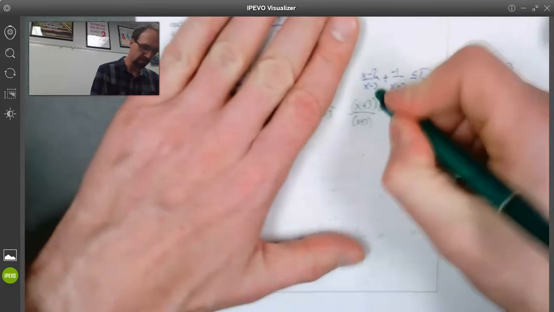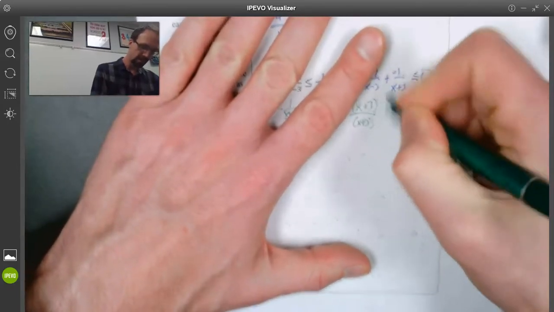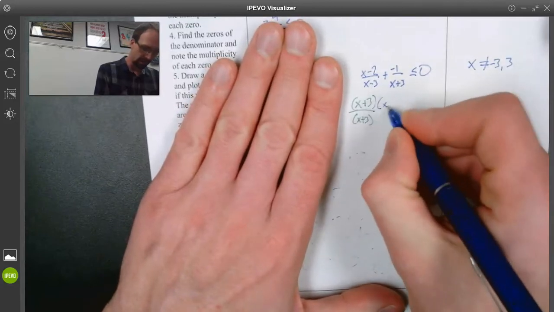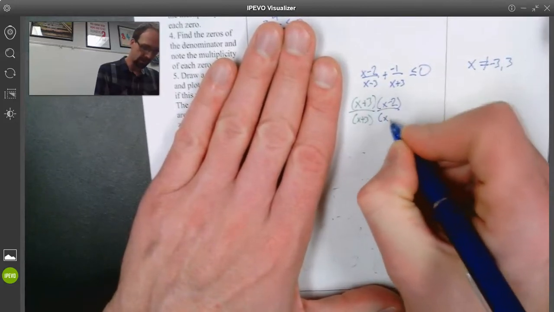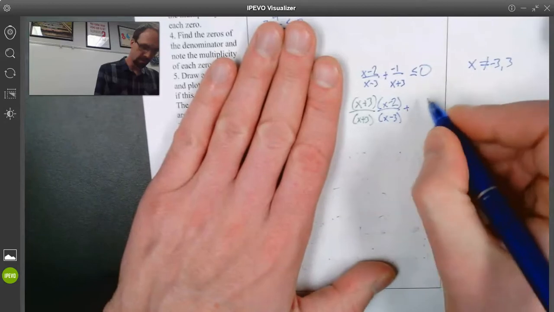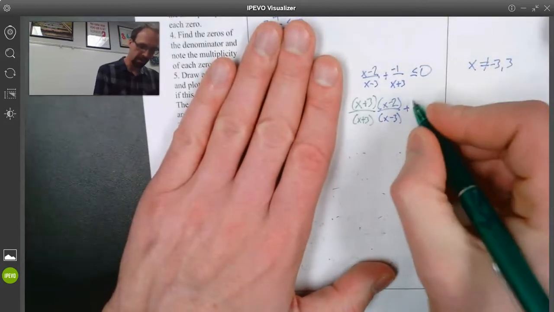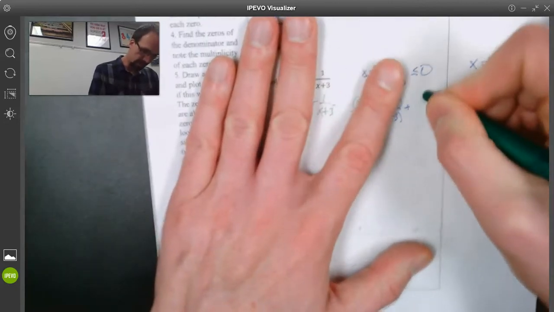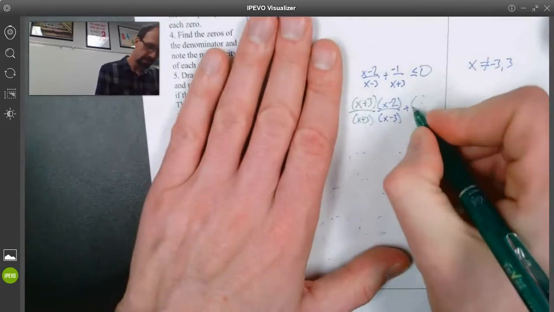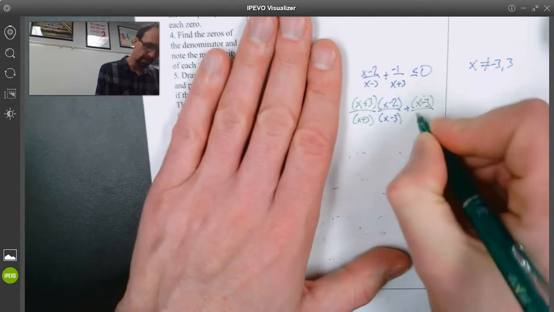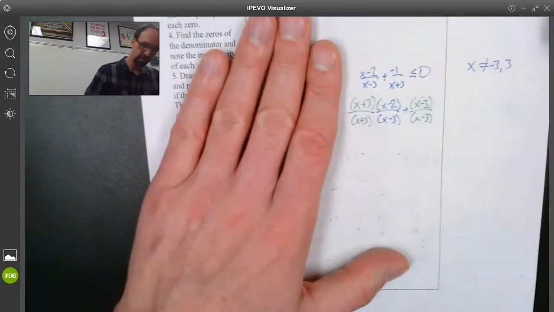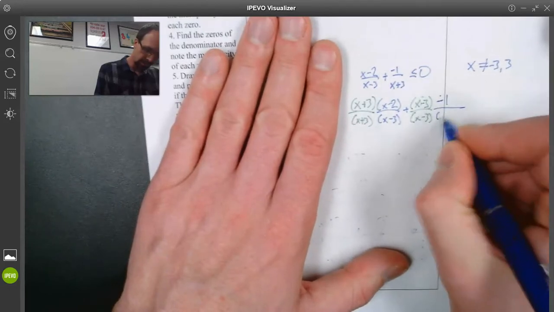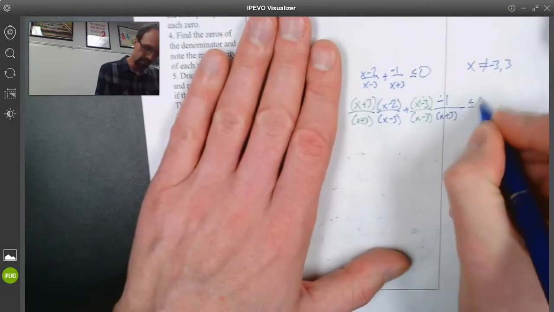Sorry, I'm going to switch back to blue so you can see the original. So now I have x minus 2 over x minus 3 plus, and over here on this side I need to multiply by x minus 3 over x minus 3. And then I have -1 here and x plus 3, and that's less than or equal to 0.